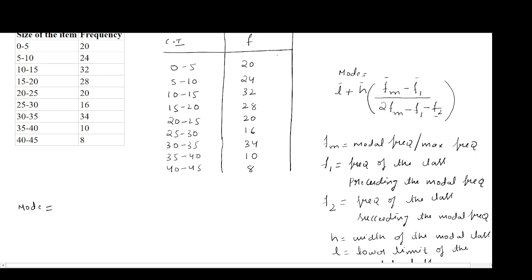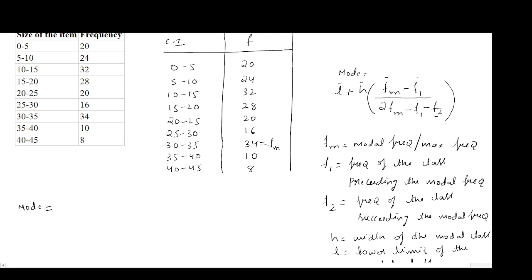Now first you have to identify the maximum frequency. From the given frequency values, you have to identify which is the maximum frequency. We can clearly identify that 34 is the highest value among all the given frequency values.